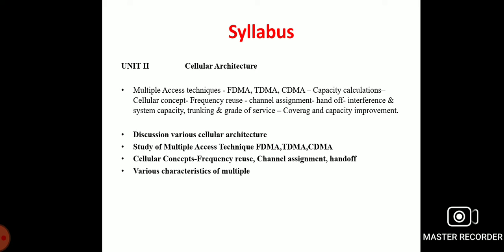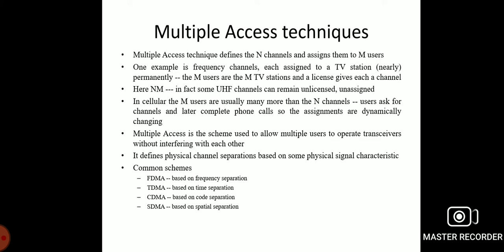Now, in today's session we are going to discuss only the multiple access techniques. The introduction of multiple access techniques. Multiple access techniques define N channels and assign them to M users.